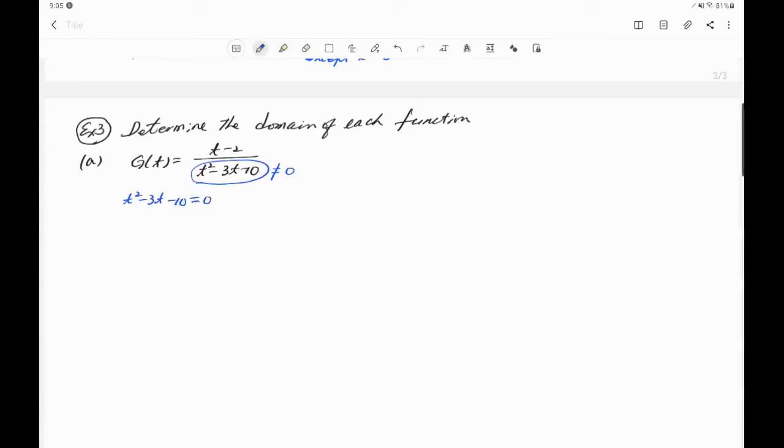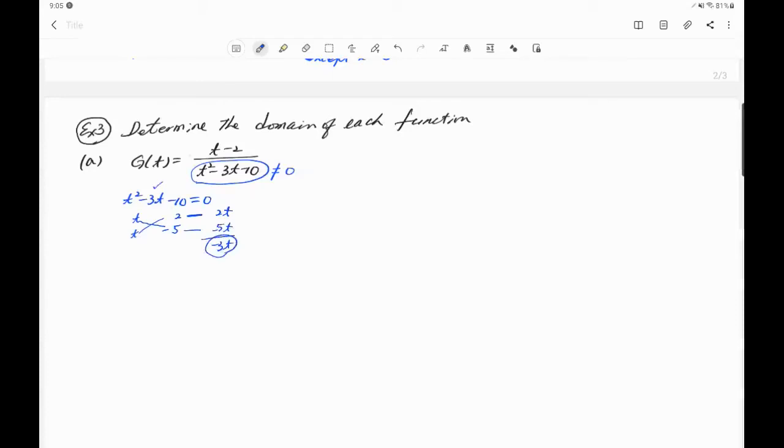How do you find the t values? We can use factoring. Negative 10 is 2 times 5, and 2 times 5 is 10. We need a negative sign, so let's put it here. Then t squared is t times t. The cross products are 2t and negative 5t, and the sum is negative 3t, which is the same as the second term.